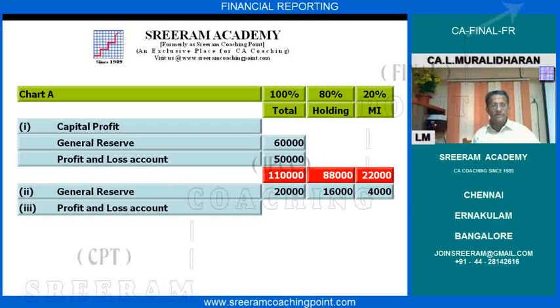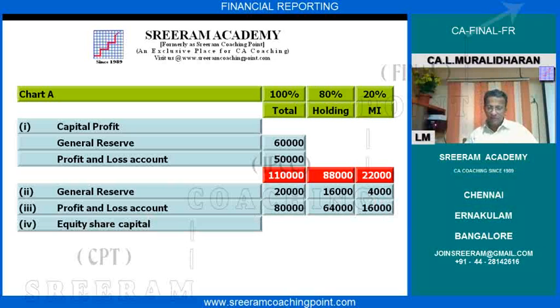Profit and loss account, as you have seen, there was an increase to the extent of 80,000, and this 80,000 was worked out as the difference between 1,30,000 and 50,000 rupees. That change you have seen, 90,000 minus 40,000. 64,000 will go to parent and 16,000 to minority interest.